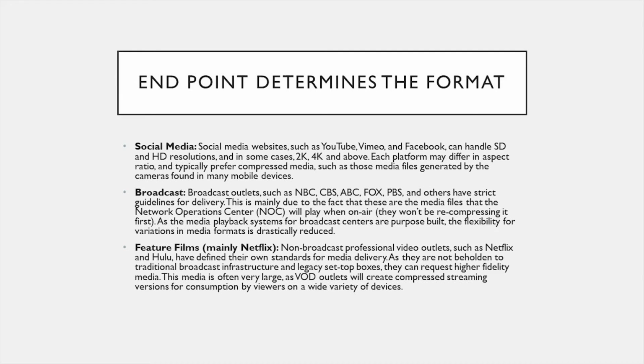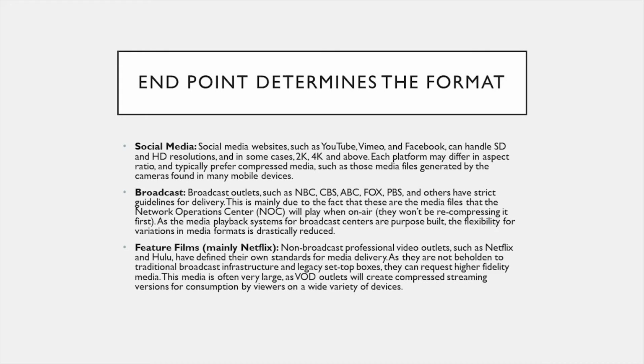Some of the deliverable media that can exist is, for example, social media. Social media websites such as YouTube, Vimeo, and Facebook can handle SD and HD resolutions, in the case of 2K, 4K, and above. It's also known that broadcast outlets such as NBC, CBS, ABC, Fox, PBS, and others have strict guidelines for delivery.